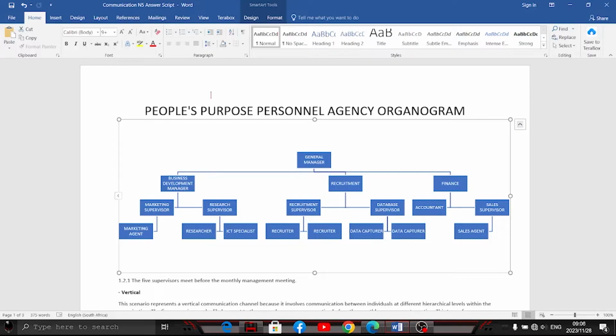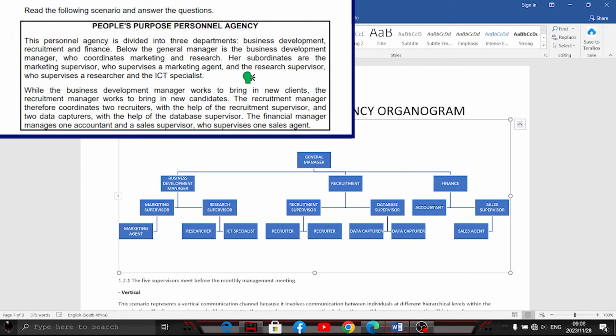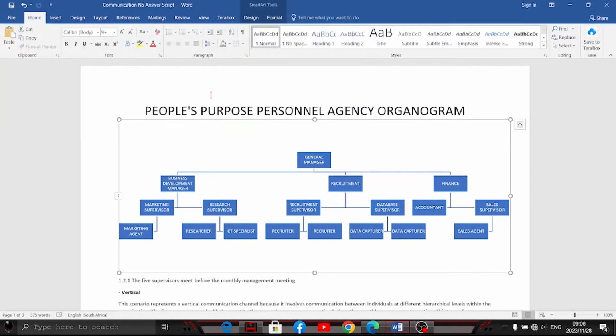If we check our scenario again, it says this personnel agency is divided into 3 departments. So on our organogram we need to see 3 departments. As you can see, this is the first department, the second department, and the third department. Basically this is how you tell how many departments an organization has.